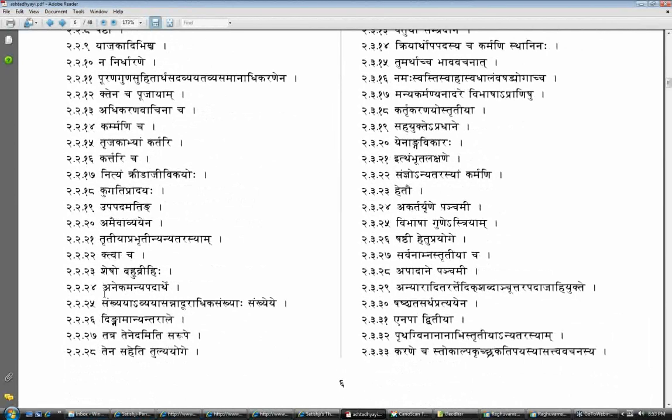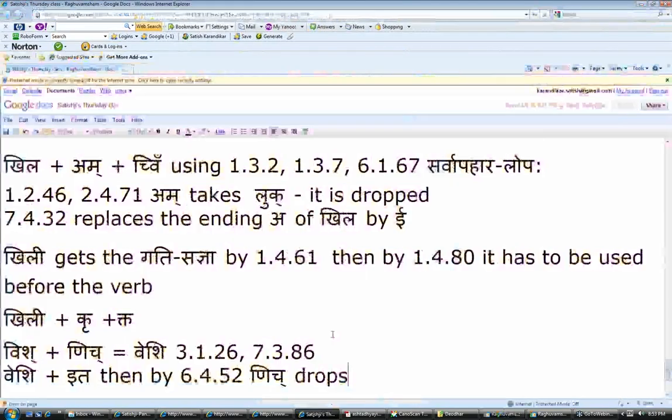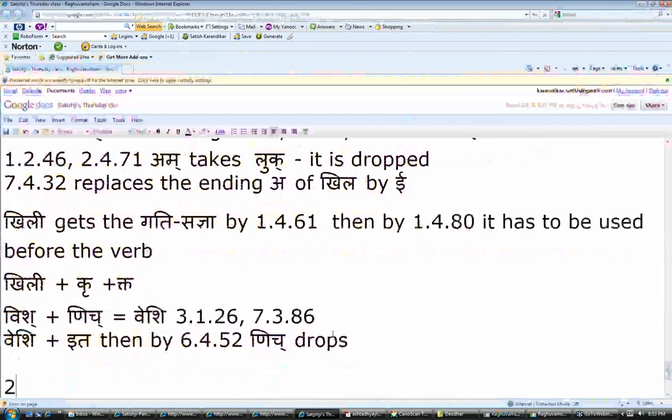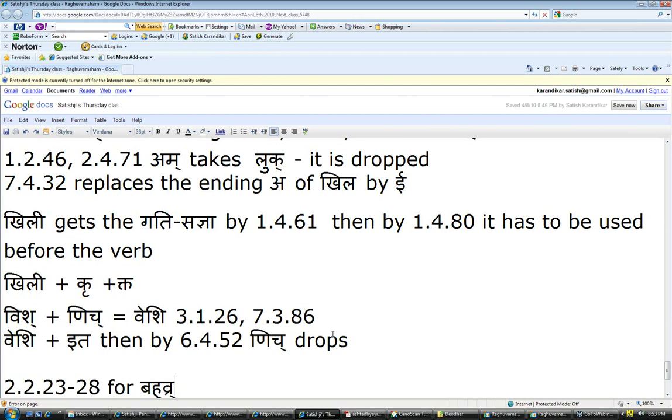And the main one is Anekamanyapadarthe, 2.2.24. And that has 3 or 4 Vartikas on that, which we are going to need. I know we're out of time, but I wanted to mention that this 2.2.23 to 28 is for Bahuvrihi compounds. So all of them are defined in this section for Bahuvrihi compounds. The word Bahuvrihi itself is a Bahuvrihi.